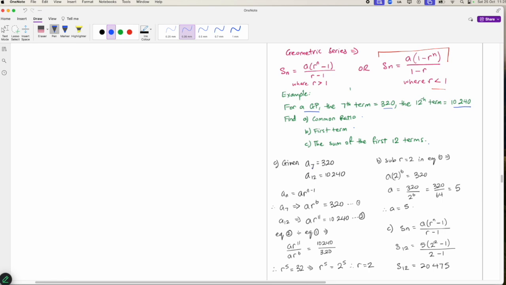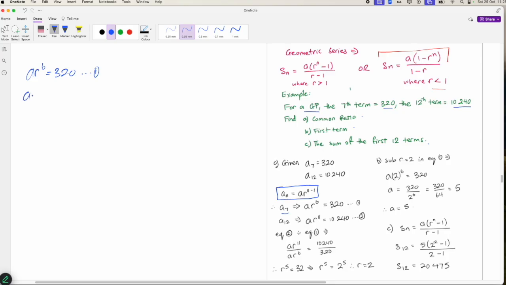Given that the 7th term is 320 and the 12th term is 10,240. Recall that we have a general formula for the terms of a geometric progression. So the 7th term will be ar to the power of 6, because it's n minus 1. So I have ar^6 and that is 320. That'll be my equation 1.